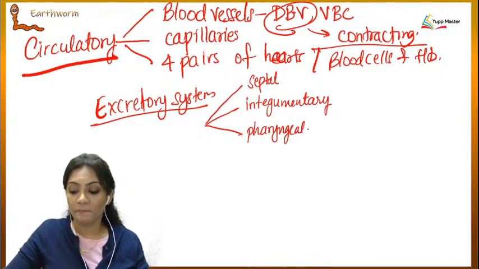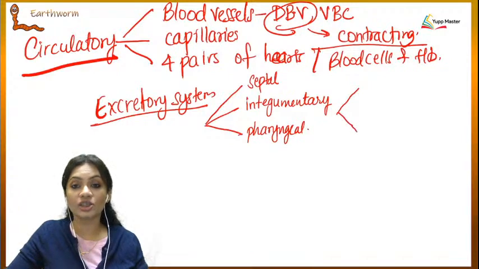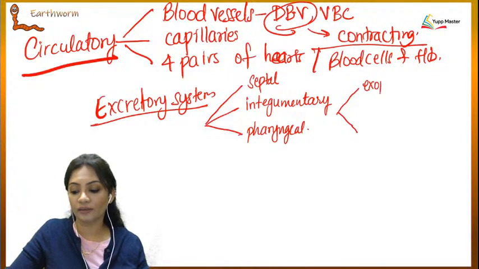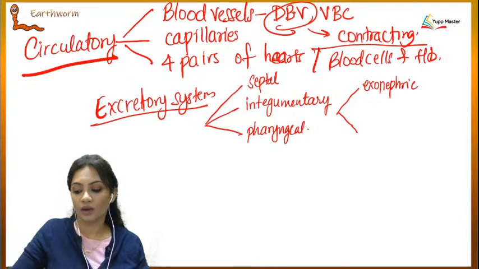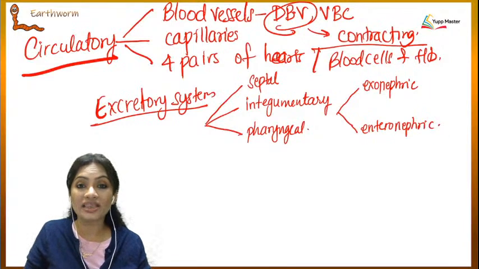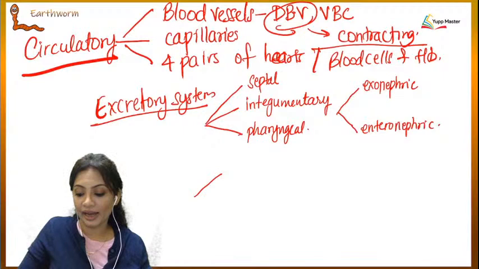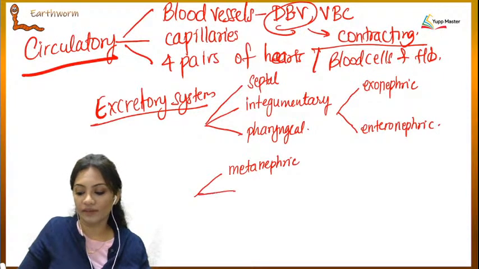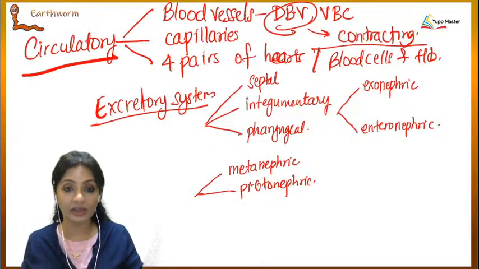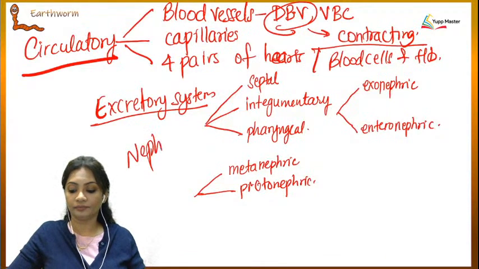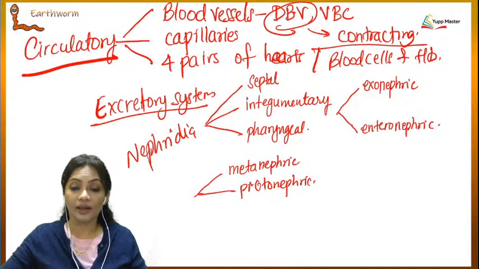Then, based on where its secretion is going, we had exonephric and enteronephric. And then, based on the presence or absence of a nephrostome, we had metanephric or protonephric. So these were the different types of nephridia we studied. All right, then what else did we do?